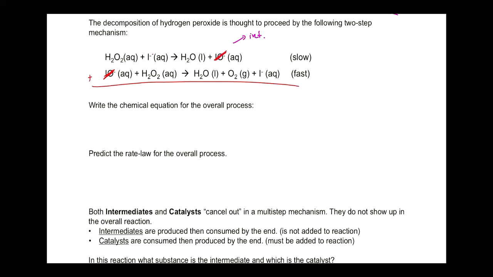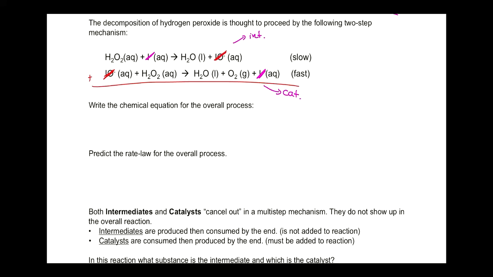I minus is consumed in the first step, but look, it's produced at the very end. See how it's a little bit different? I minus is not an intermediate. I minus is actually a catalyst, okay? Because I have to add it to the reaction, but it gets made again at the end, so I get it back, but I still have to add it at the beginning.